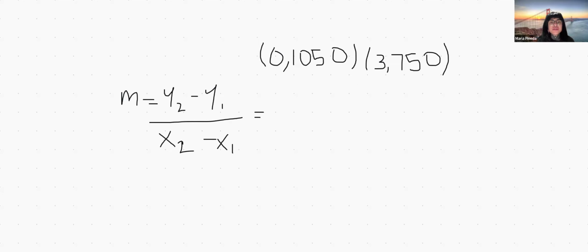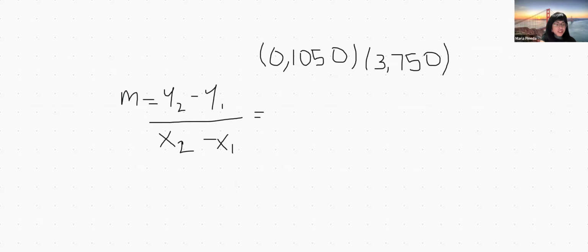We have (0, 1050) and (3, 750). This is the equation that you will be using: m equals y2 minus y1 over x2 minus x1.